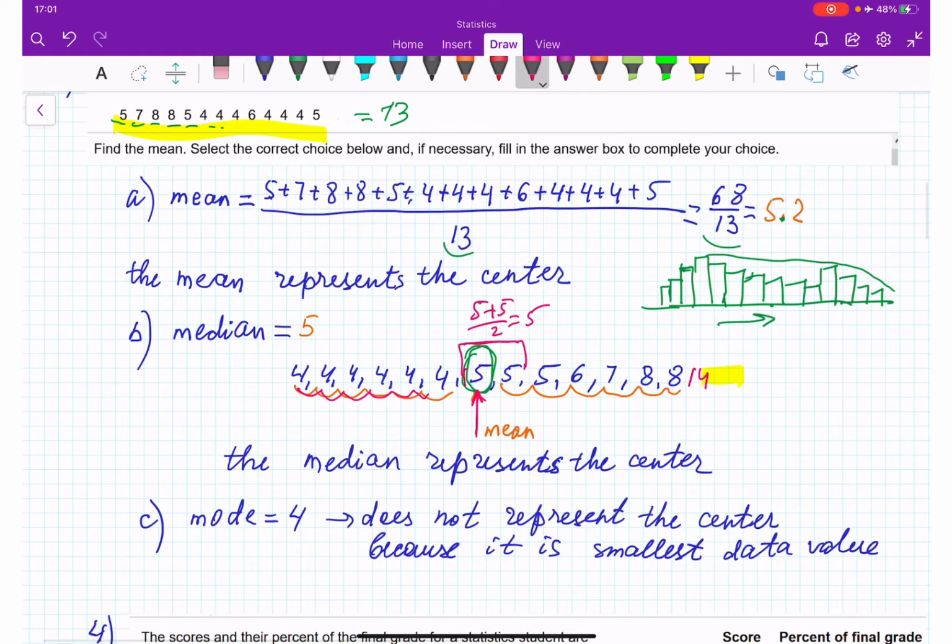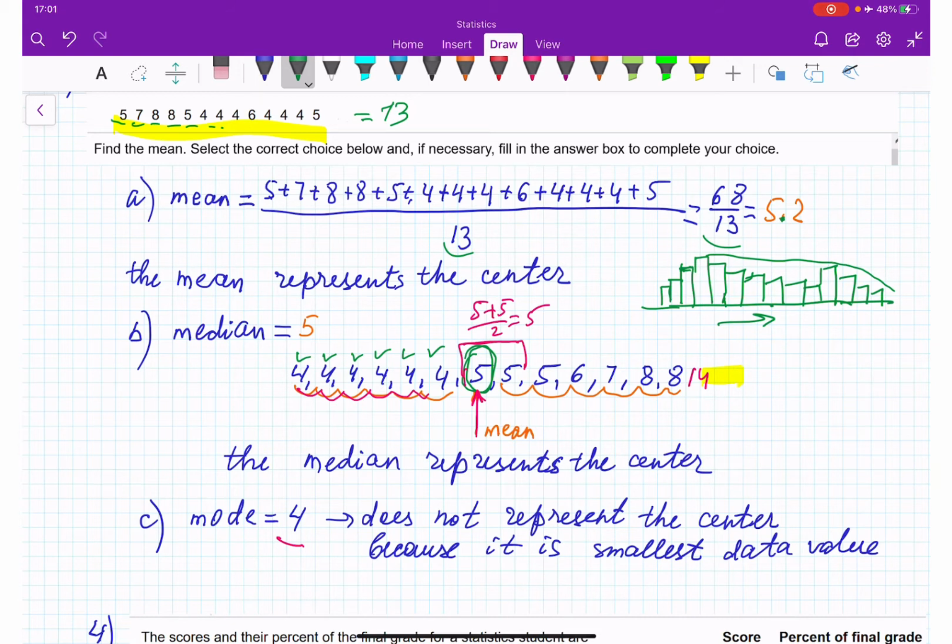Mode. Mode is the most frequent number. So in our case, the mode is going to be 4, because I have the most of it, right? Look here, 1, 2, 3, 4, 5, 6. I have 3 fives, 2 eights, so the mode is going to be 4. In this case, mode cannot represent the center because the data is small and we have a lot of 4s there, so that shows skewed data.